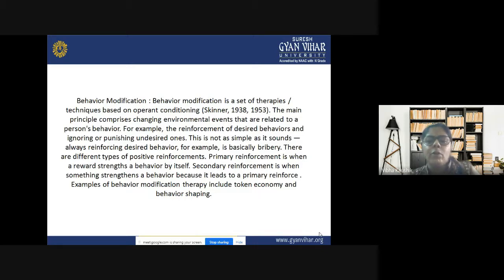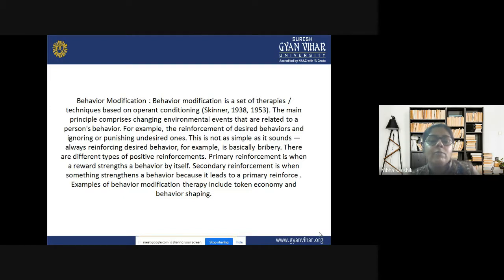Behavior modification is not as simple as it sounds. Always reinforcing desired behavior, for example, is basically bribery.